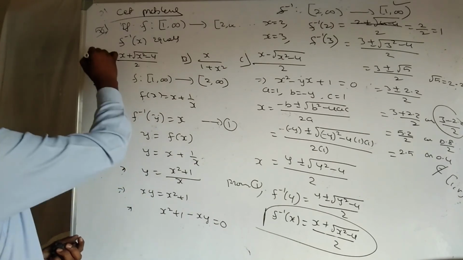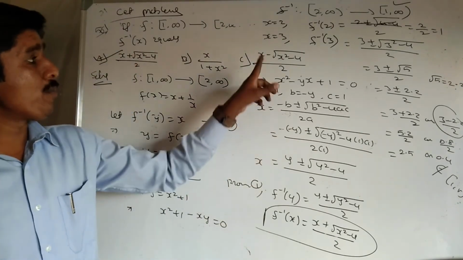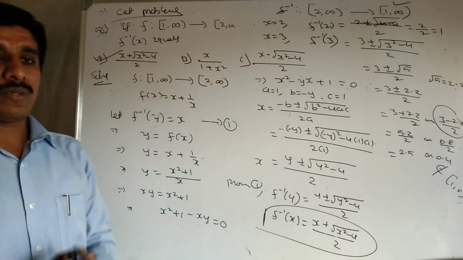Clearly, A option is the right option. C option is not right, because the values are not satisfied. Therefore, A option is the right option.